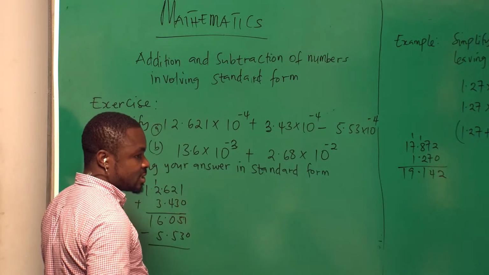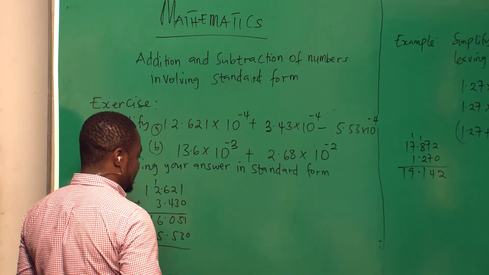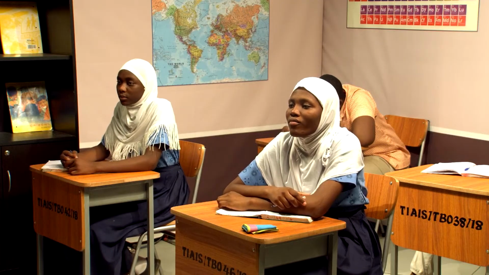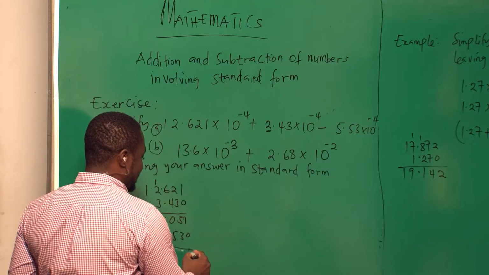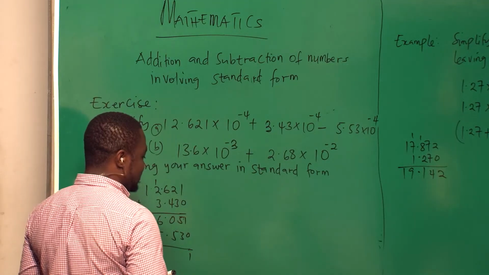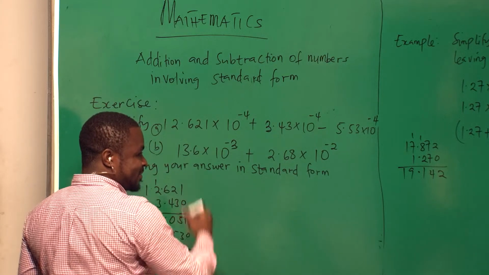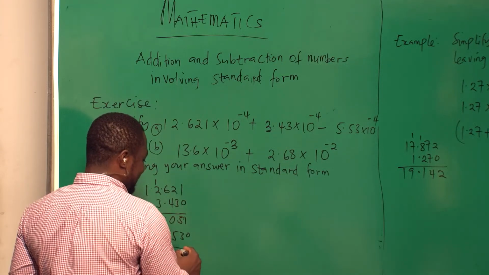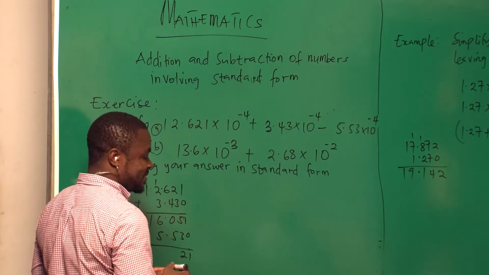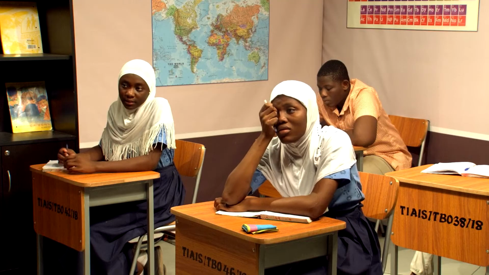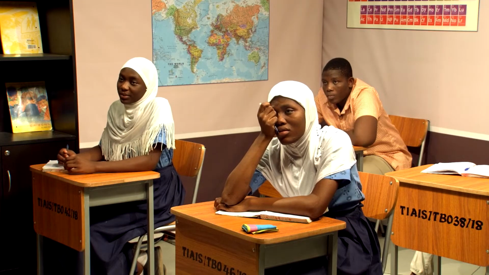So what do you get, Asifa? 0 minus 1. 1 minus 0. Okay. 1. 3 minus 5, 2. 5 minus 3, okay, 2. All right. 0 minus 5. So it won't be possible. So what do we do?